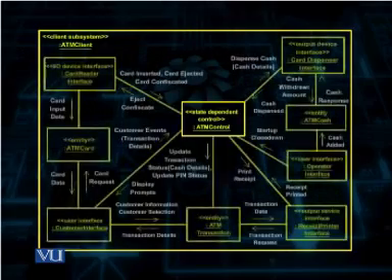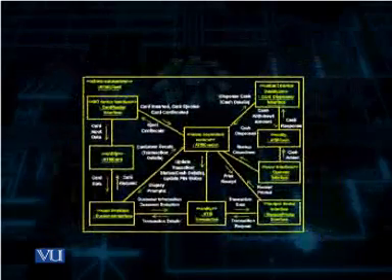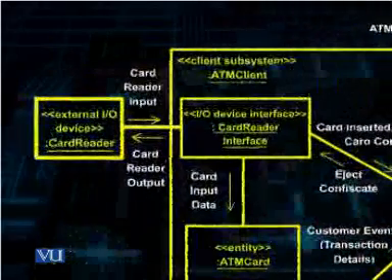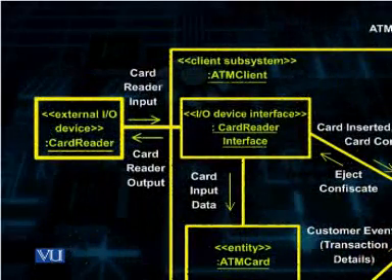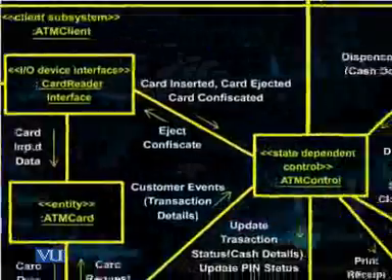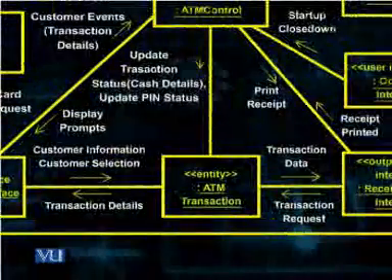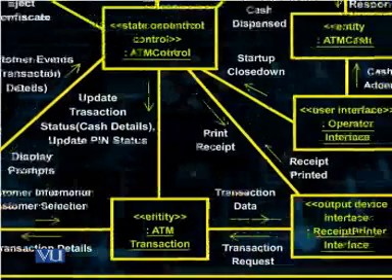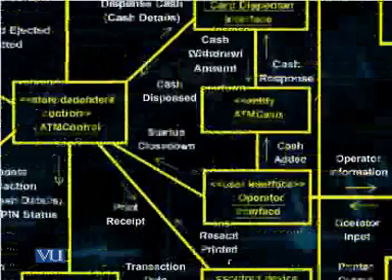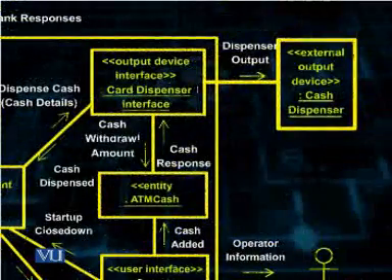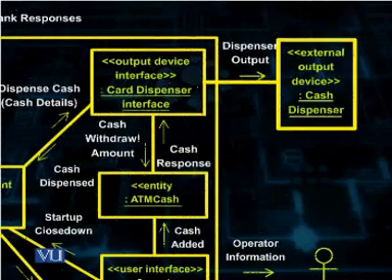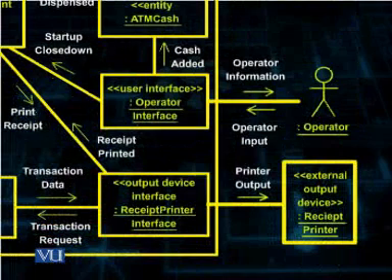The objects that participate in the collaboration for the ATM client subsystem are the card reader interface, ATM card, customer interface object, ATM transaction object, ATM control object, cash dispenser interface object, the ATM cash object, the operator interface object, and the receipt printer interface object.